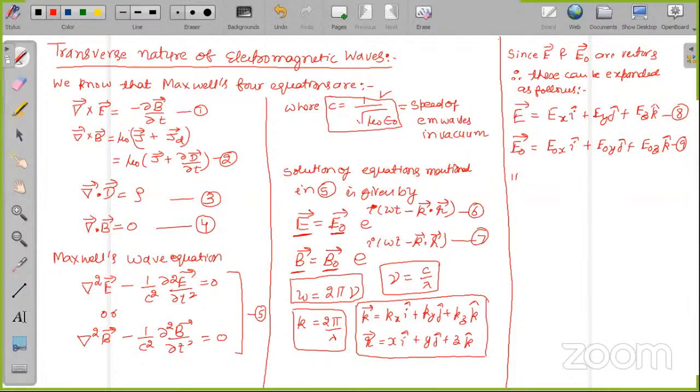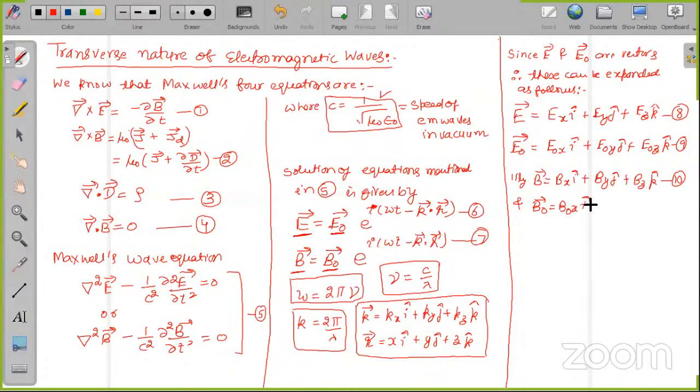Similarly, we can write B vector as Bx i cap plus By j cap plus Bz k cap. This is equation number 10. And what can we write B0 vector as?